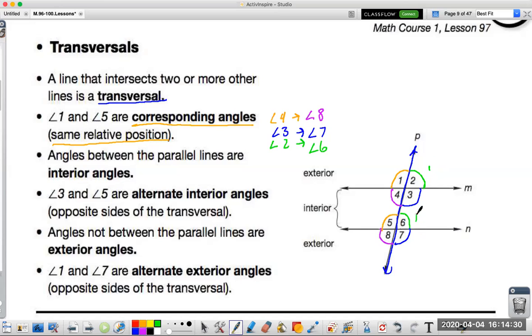We'll call it quadrant 1. This is corresponding here, this is like quadrant 2. This would be quadrant 3, and if we wanted to name this one, we could name it 4. But each of those are corresponding.